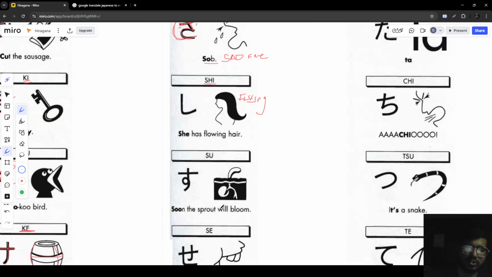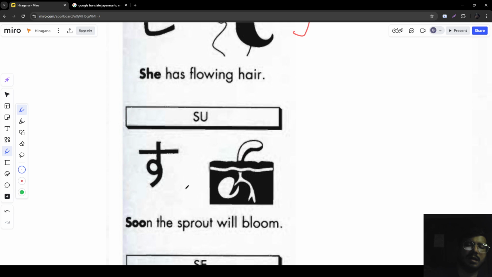The next one is Sue. How do you remember Sue? Sue is remembered by soon. Soon the sprout will bloom.